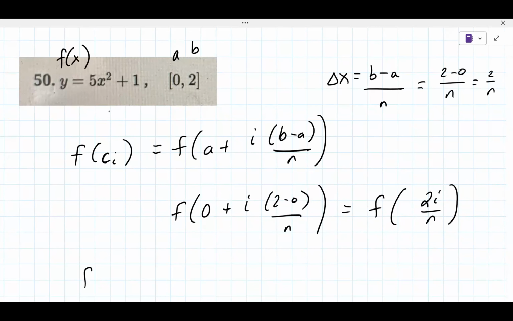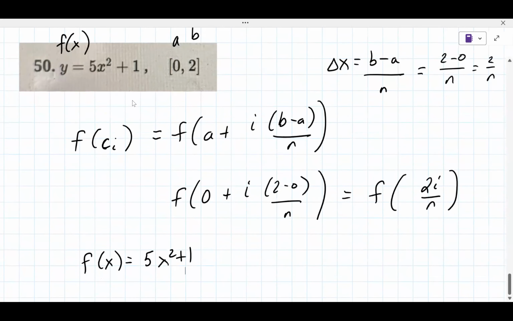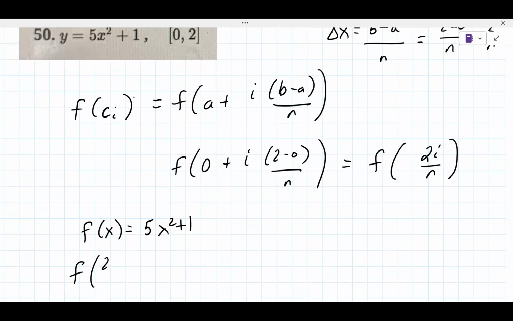So your f of x is 5x squared plus 1, and you have to find f of 2i over n, which means putting that in for x. Like that. So could you simplify that for us, please?